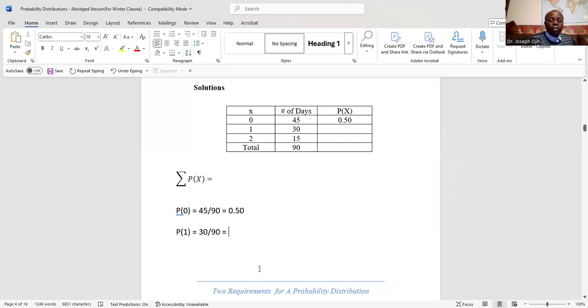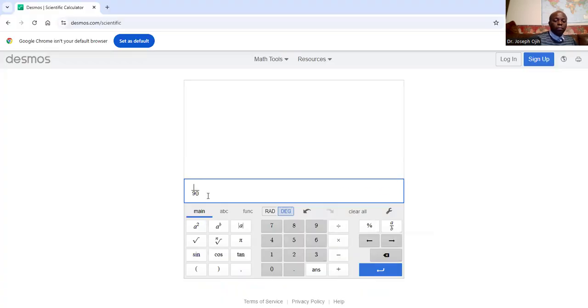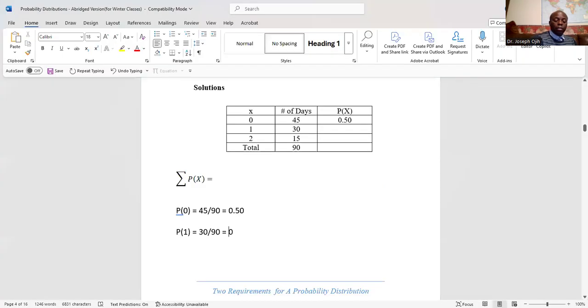So we go to our calculator, 30 divided by 90, 0.3333, that means 0.33. So I'm going to put it right here.